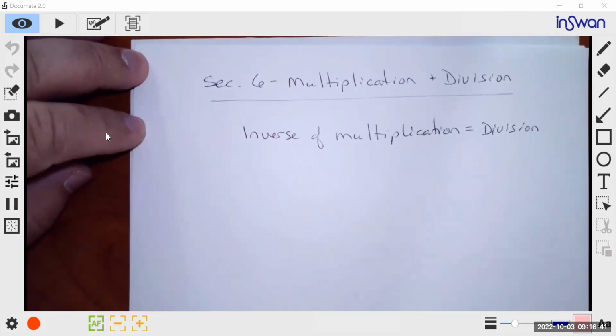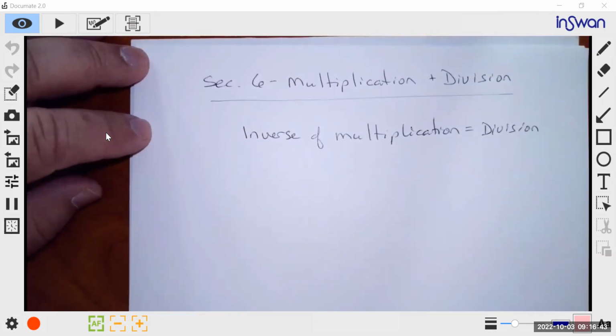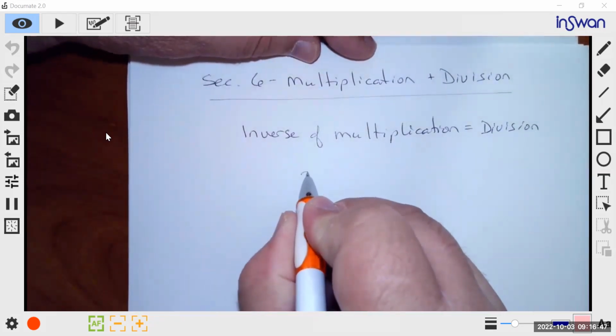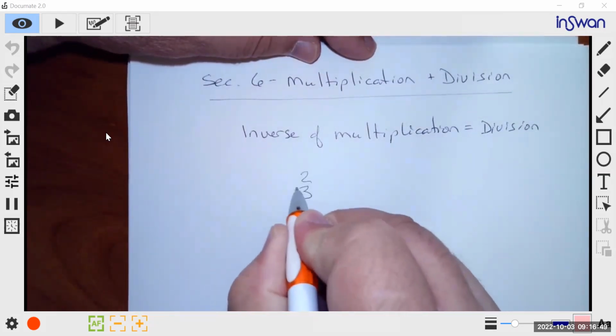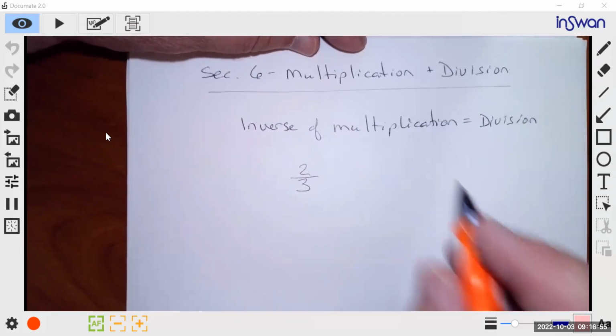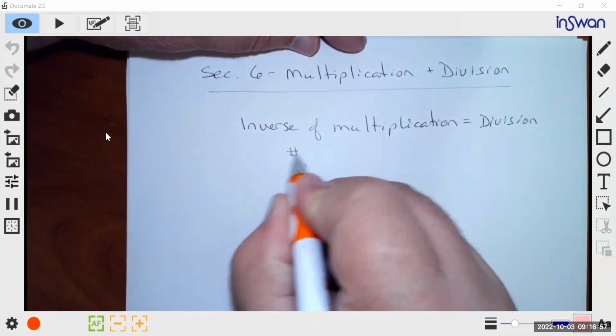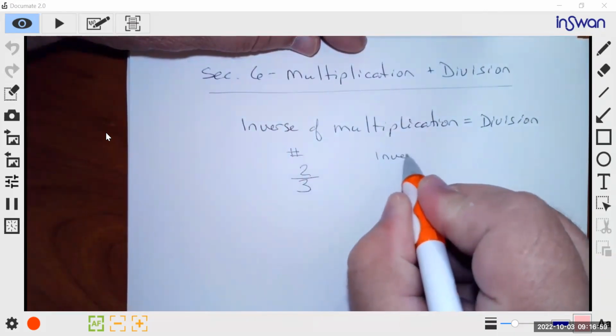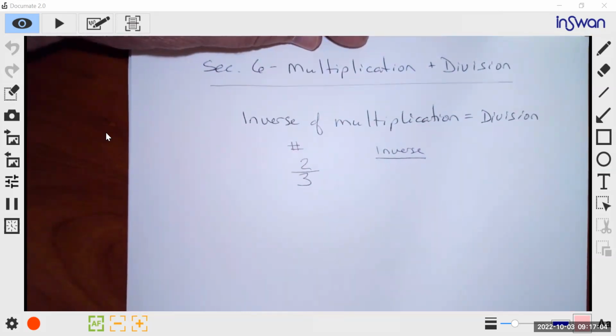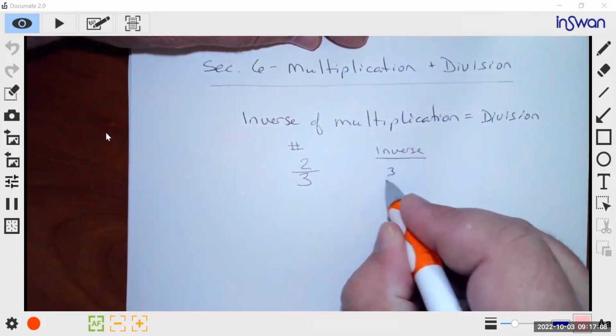Remember, inverse means the opposite. So what's the inverse of 2/3? 3/2.